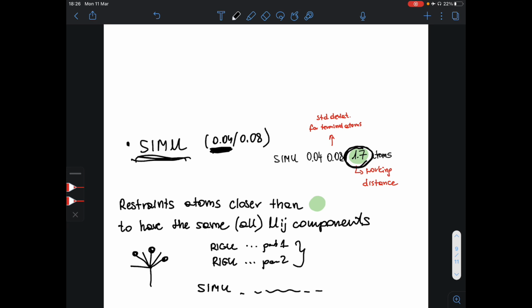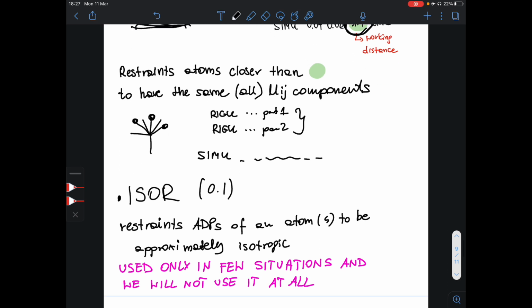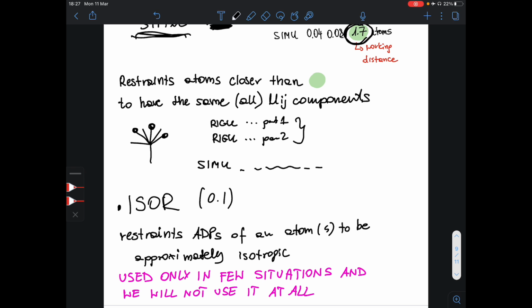SIMU works through space. And the last restraint I want to mention, we're not really going to use it in this course, is the ISOR restraint. What it does is it restrains displacement parameters of an atom or atoms to be approximately isotropic.